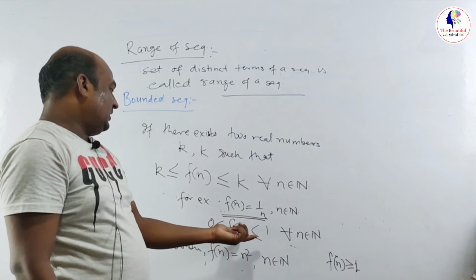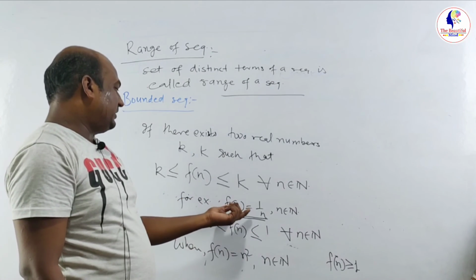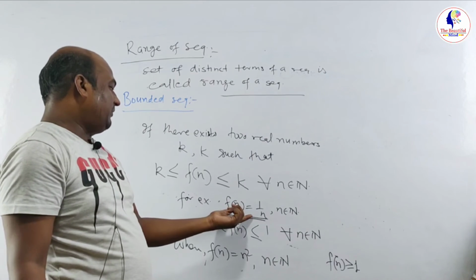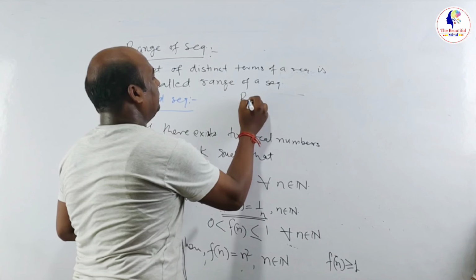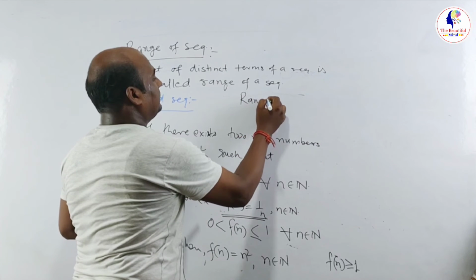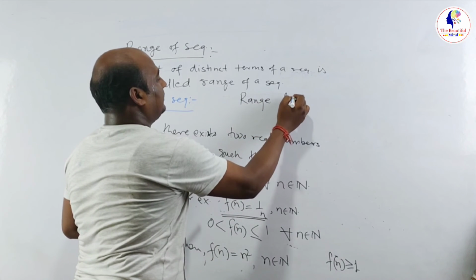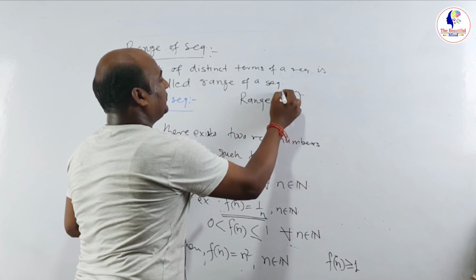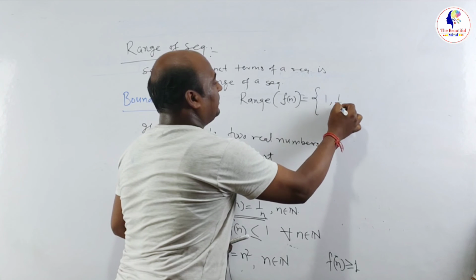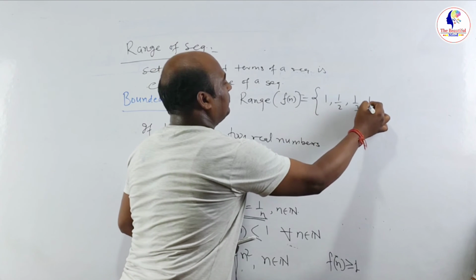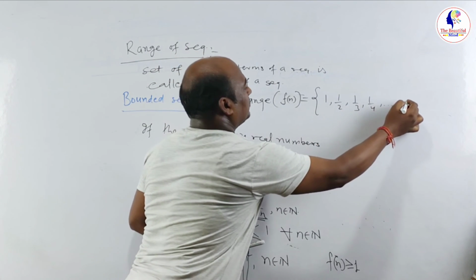For example, if we think about the range of the sequence fn is equal to 1 by n, the range of this sequence is given by 1, 1 by 2, 1 by 3, 1 by 4, and so on.